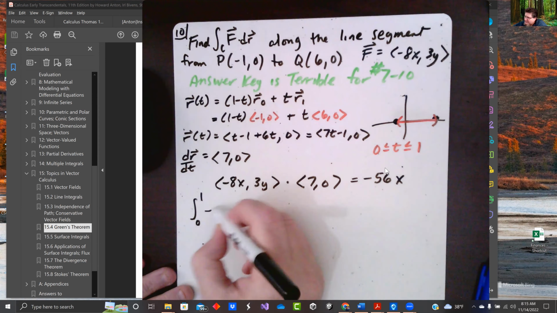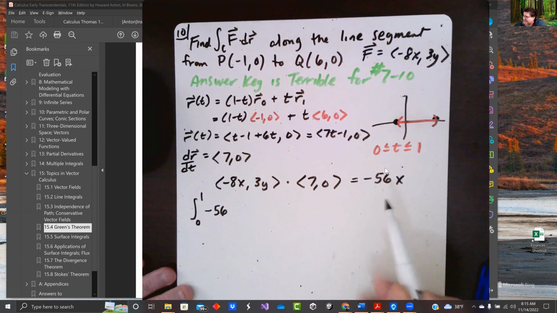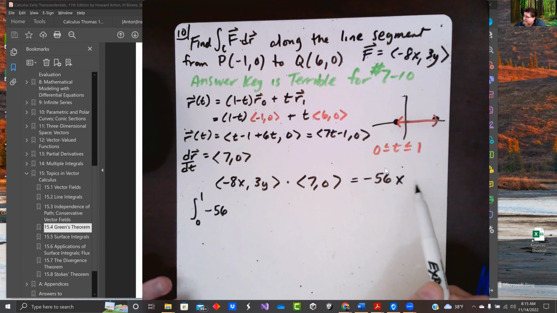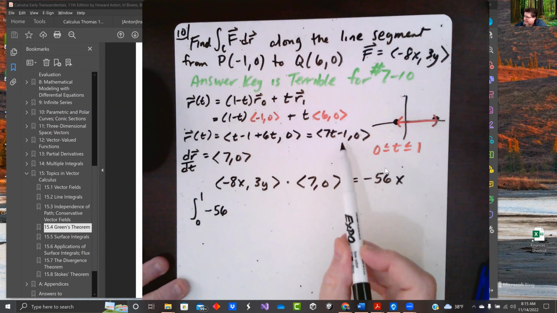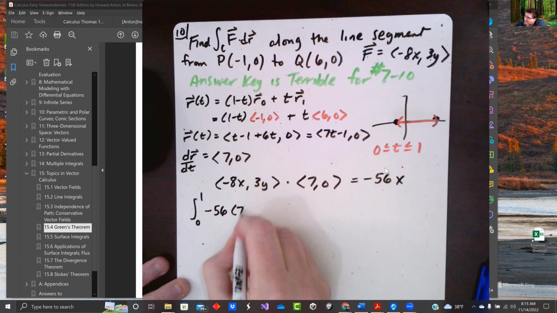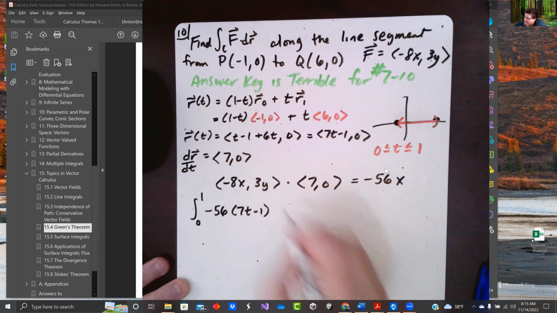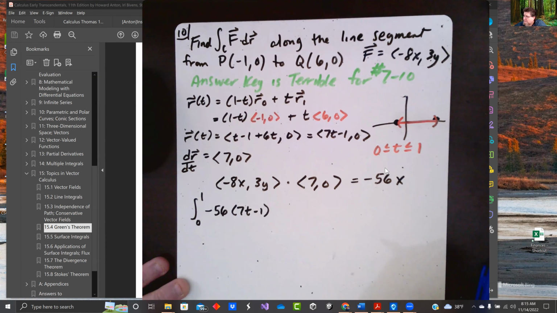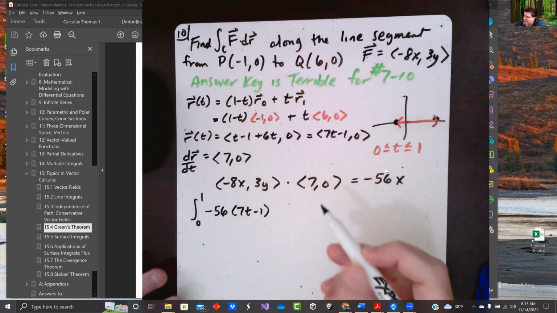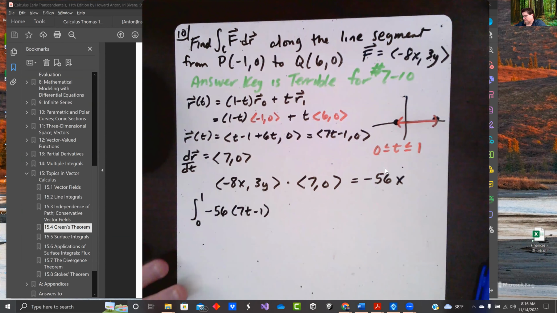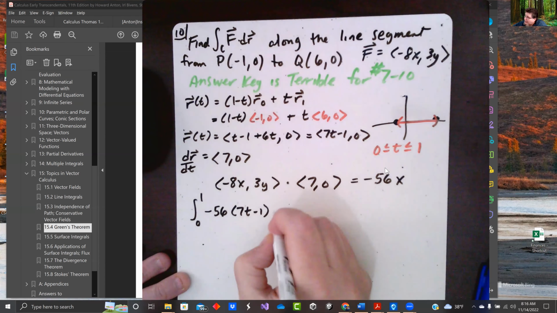We have -56, and I need it in terms of t. X along that path is 7t minus 1. Then we have dr/dt, which we already did, times dt.